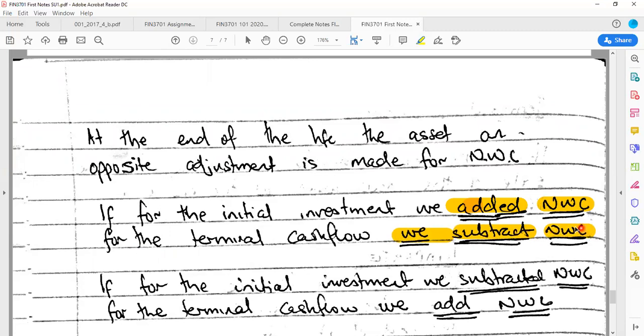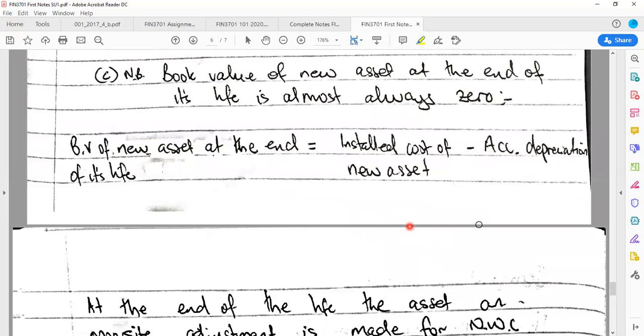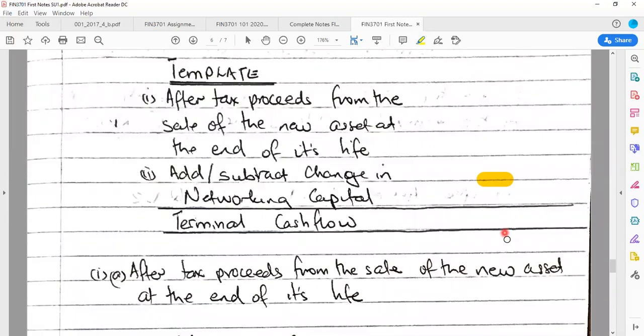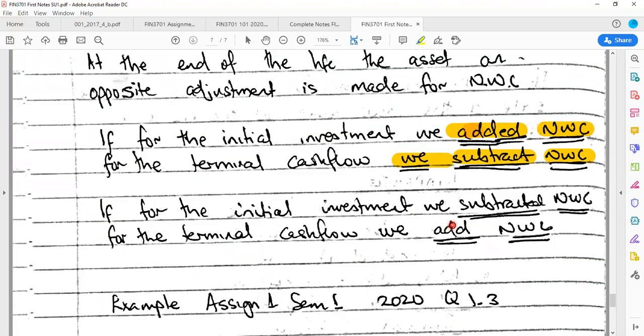And if for the initial investment we subtracted, it means when we do the terminal cash flow calculation, we're going to add. Okay, so we make the opposite adjustment.